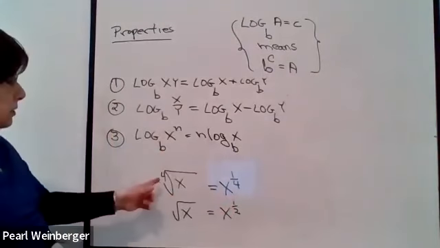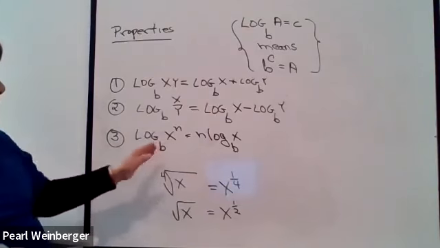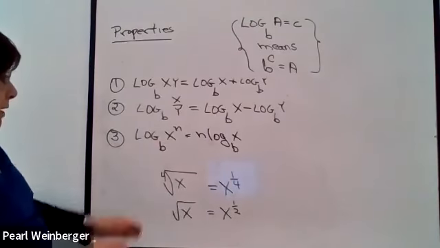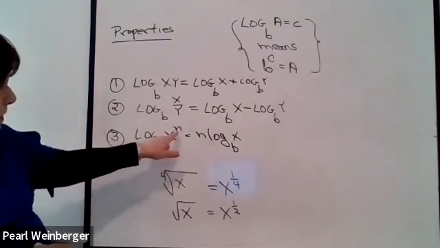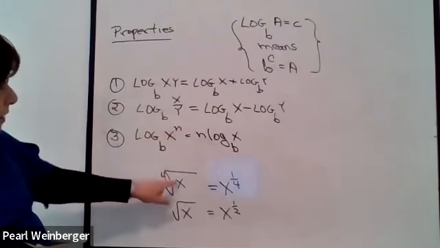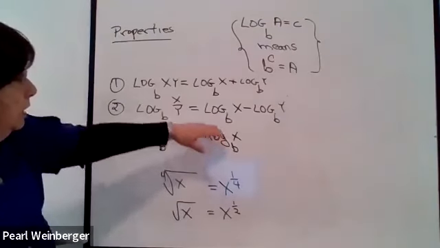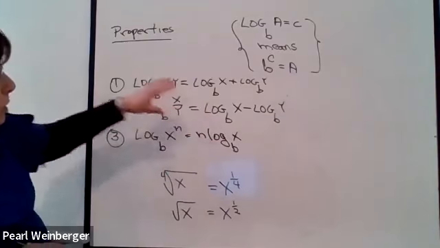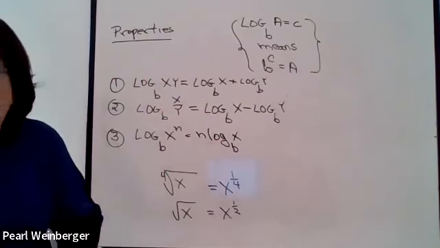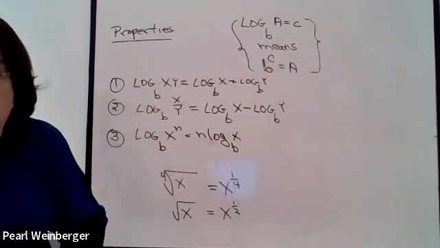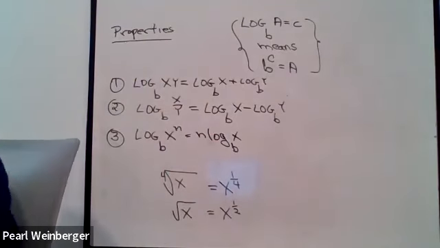The cube root of x, if your index is 3, means x to the 1/3. So if I have a radical, I just change the radical to an exponent and use the exponent rule. So basically, these three rules take care of the properties of logs. Let's see how this can be used.